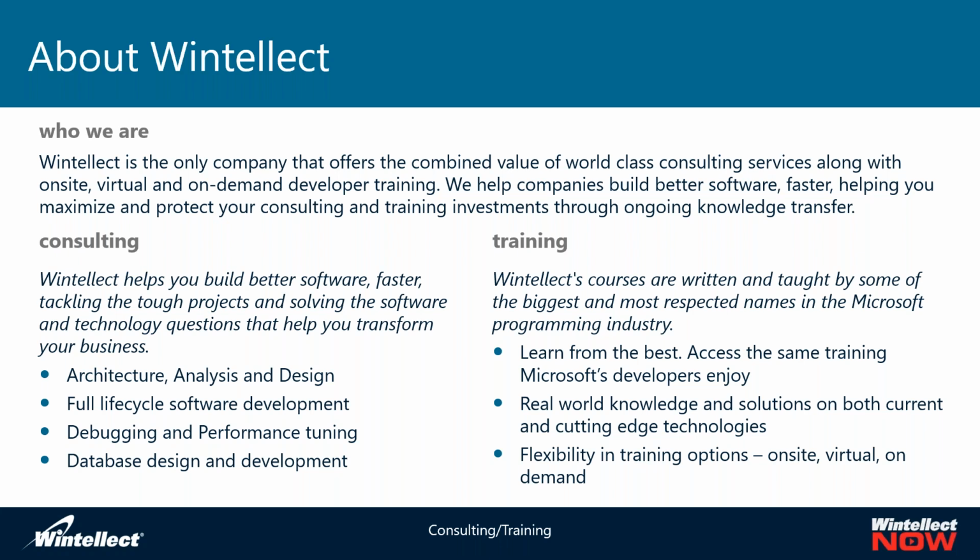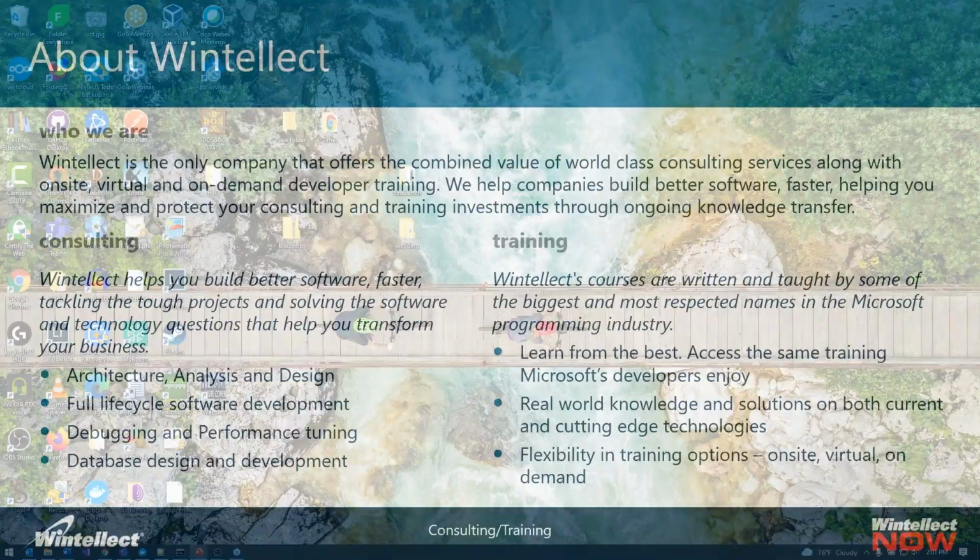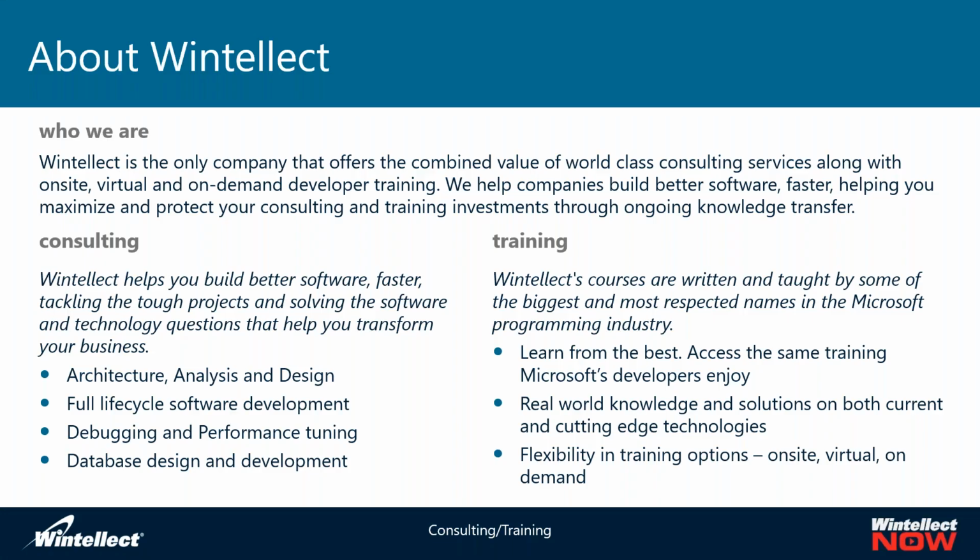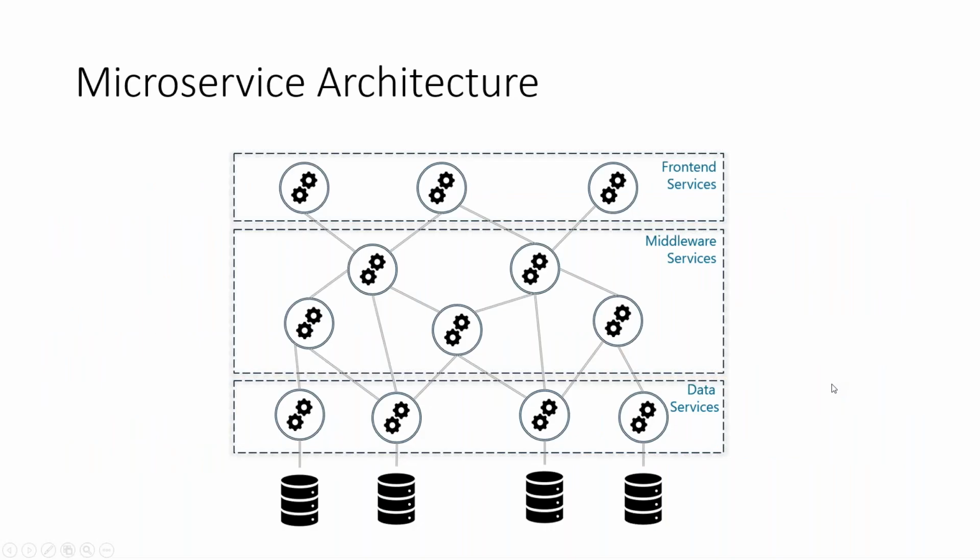So enough about that. Let's start talking about what we're going to be talking about today. Of course, the topic of conversation for today is microservices. I wanted to talk about microservices in general, just to frame this discussion.